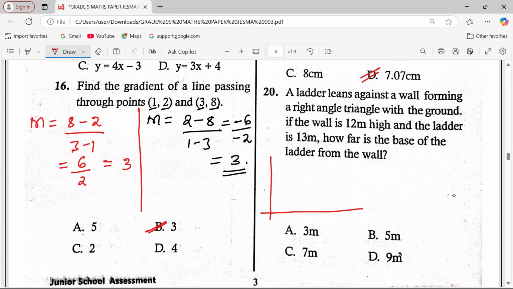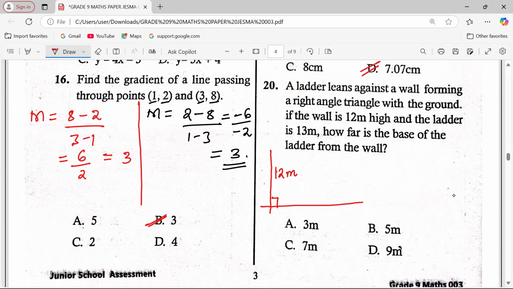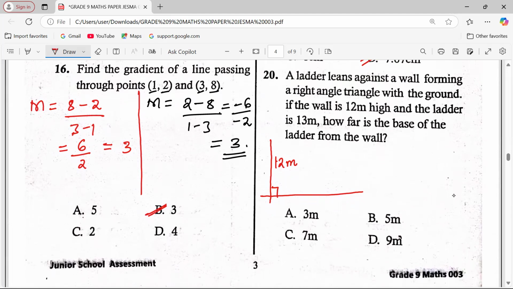We are told that this wall is 12 meters high. It is forming a right angle with the ground. So this one is the wall. Let me label well. The wall is 12 meters and the ladder itself is 13 meters.